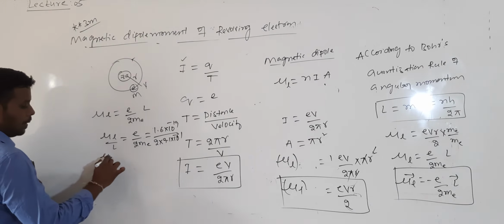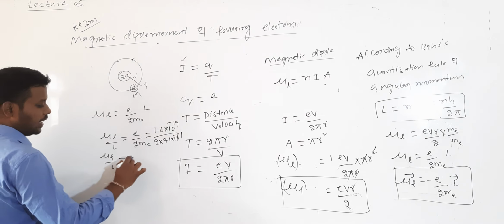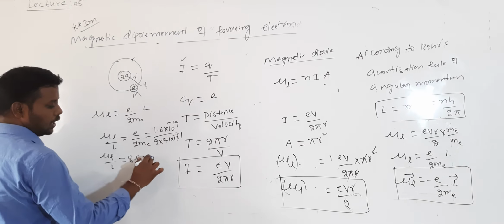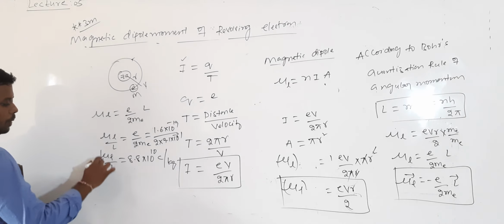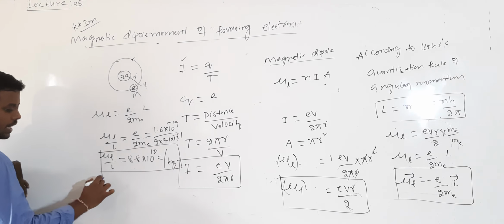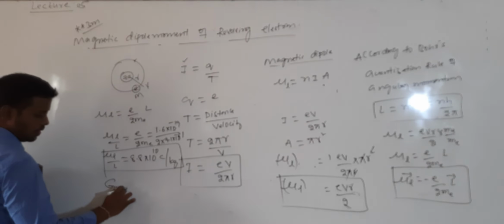This value is mu L by L equal to 8.8 into 10 to the power of 10 coulomb by kg. This ratio mu L by L is called the gyromagnetic ratio.